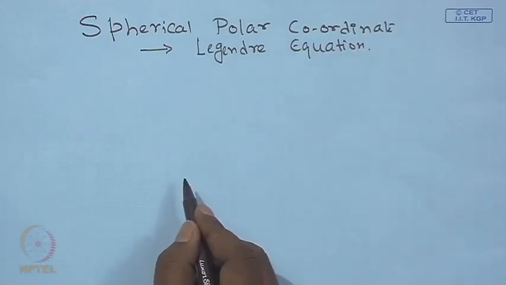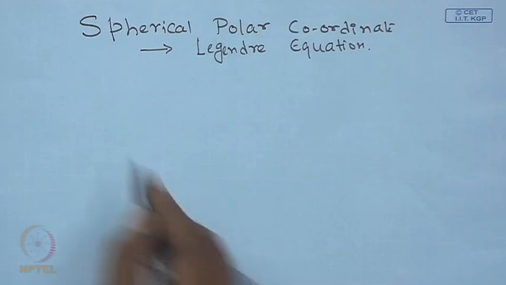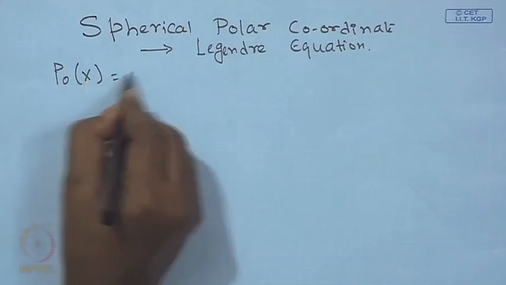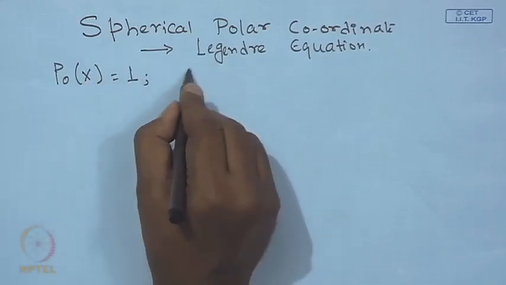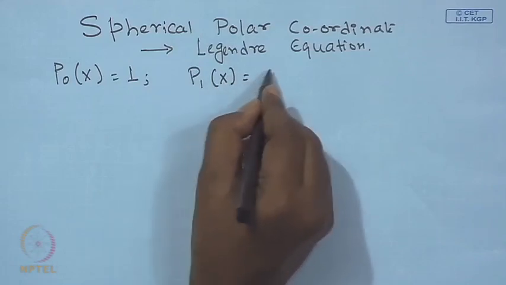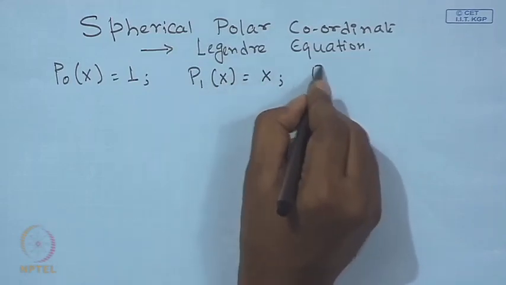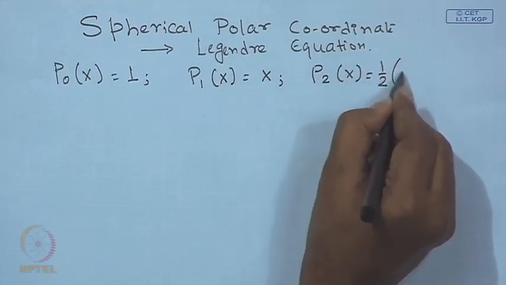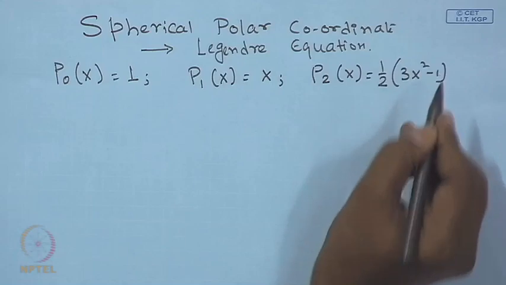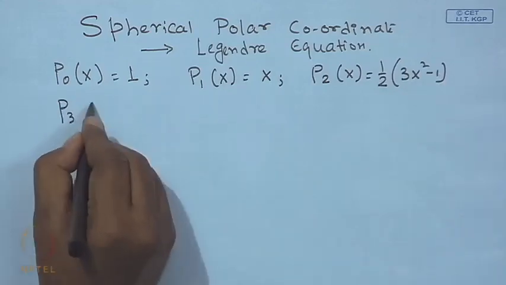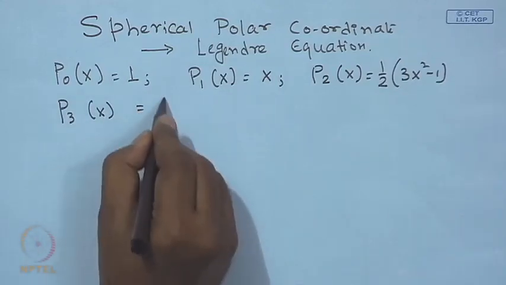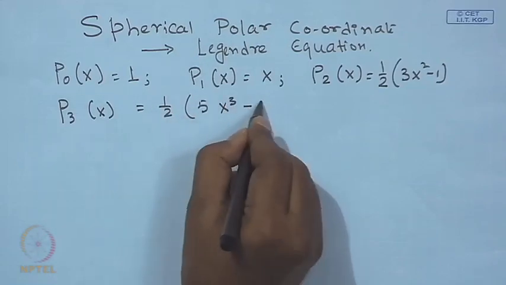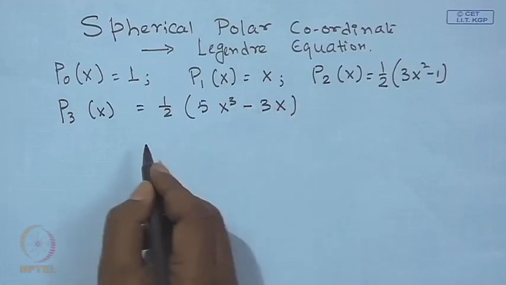We will be landing with the Legendre equation. Now, some more properties: P 0 x is equal to 1, P 1 x is equal to x, P 2 x is equal to half of 3 x square minus 1, P 3 x is half of 5 x cube minus 3 x.